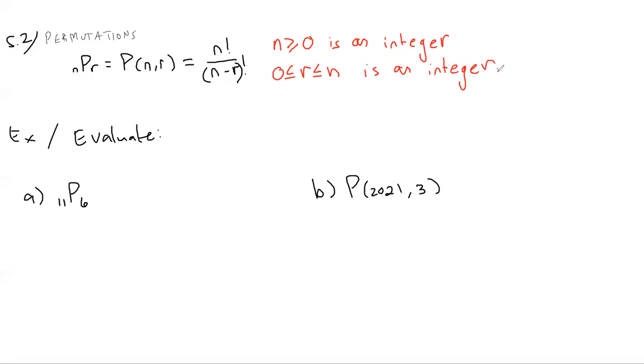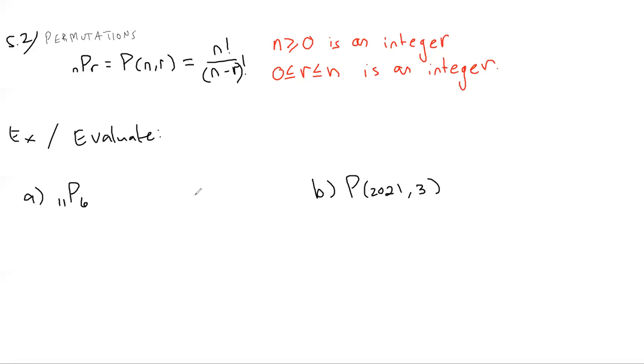So they're both integers, and we know that r is somewhere between 0 and n, basically. It's really the only way that the formula is going to make any sense for us. The second rule just makes sure that the thing on the bottom there is not negative. We can't have a negative inside a factorial, so it ensures that for us. And that's also why n is greater than or equal to 0.